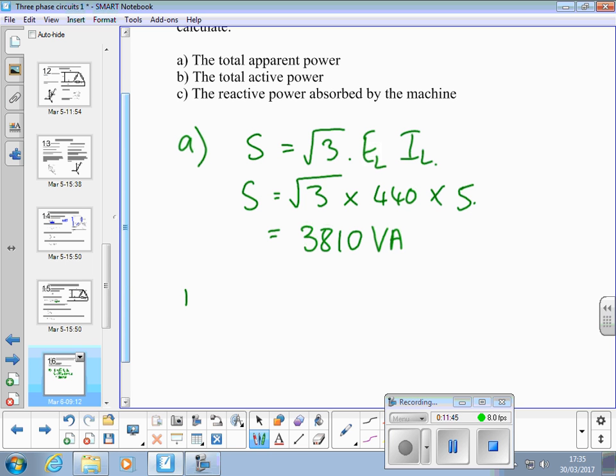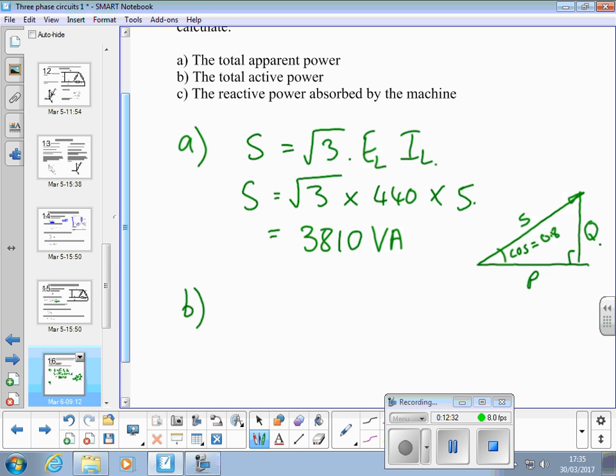And B, the total active power. We're talking about P now. So what have we found so far? We've found S. This is P. It's all about this power triangle, yeah? And that one in there is Q. And the other piece of information you've been given is that the cos of that angle is 0.8.